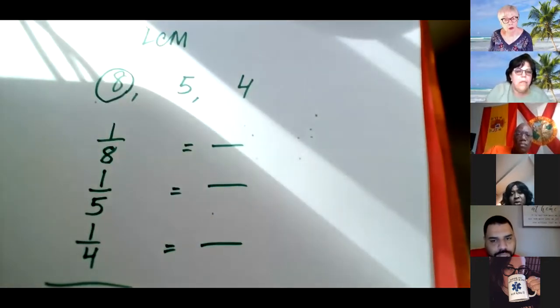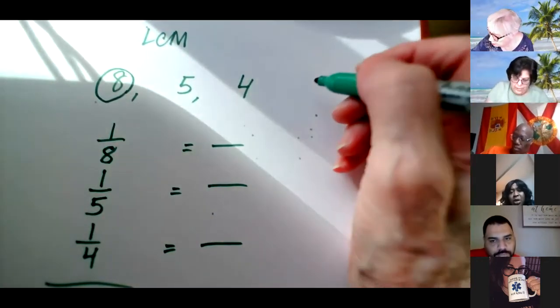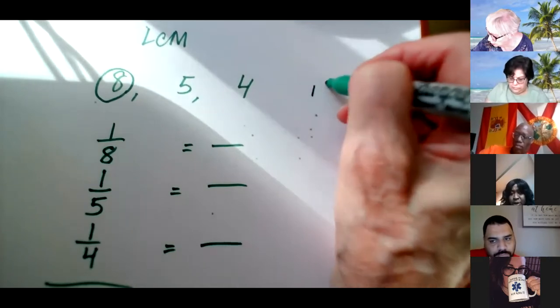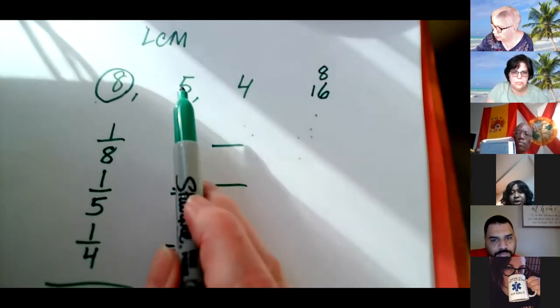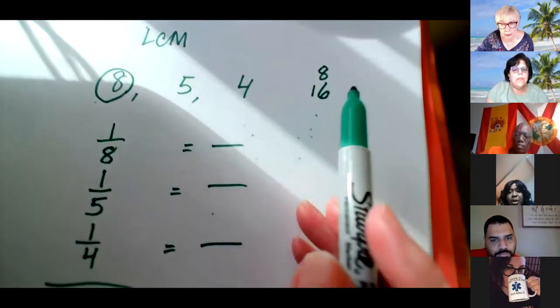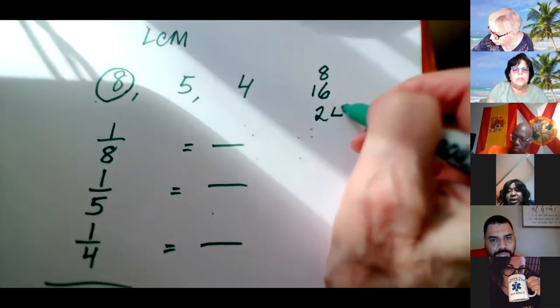But if you did multiples, 8 times 1 is 8. 8 times 2 is 16. But I can't do 5 into 16, can I? 8 times 3 is 24.